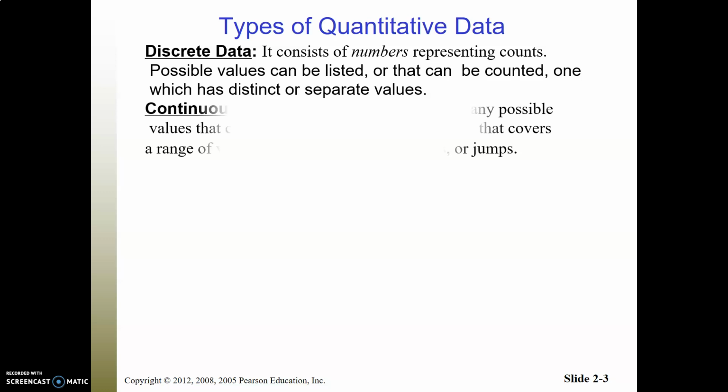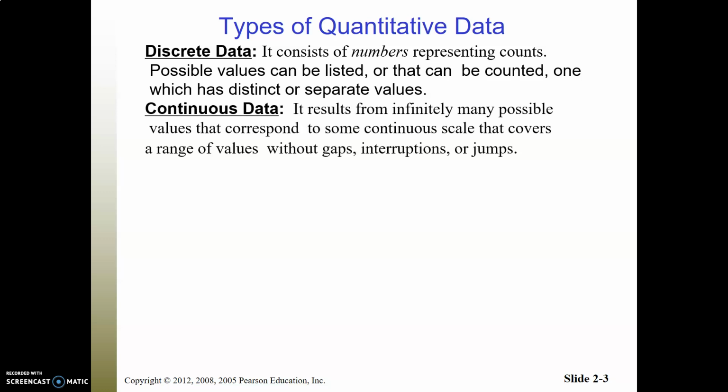Then we have continuous data. It's data that comes into existence as a process of measurement. It results from infinitely many possible values that correspond to some continuous scale that covers a range of values without gap, without interruption or jumps. We use this word even in everyday life.